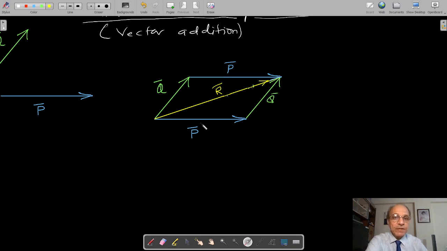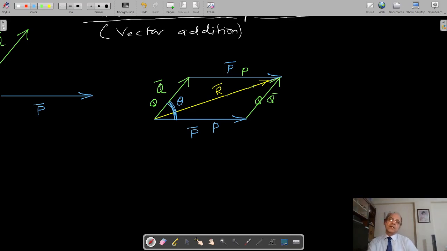Because these two vectors are known, their magnitudes, these lengths, are known to me. Say this length is P and say this length is Q. The magnitude of vector P is P. And the direction is also known to me. That means the angle between them is known to me, and let's say this angle is theta. So I need to find R.